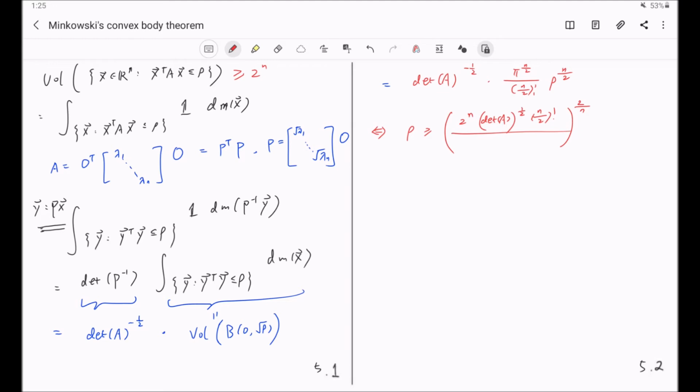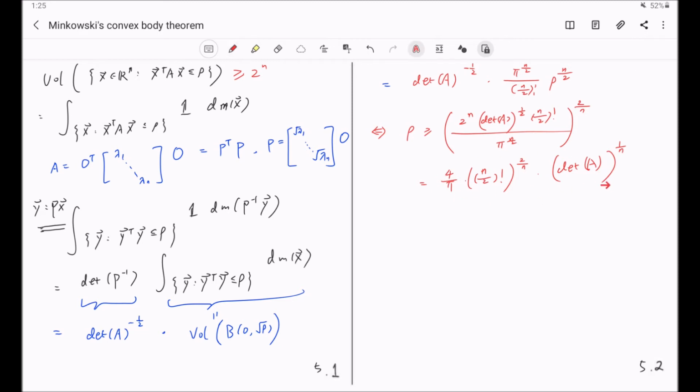In the numerator, you have this pi raised to the power n over 2. And you simplify this, what you get is 4 over pi times this factorial raised to the power 2 over n times the determinant of A raised to the power 1 over n.